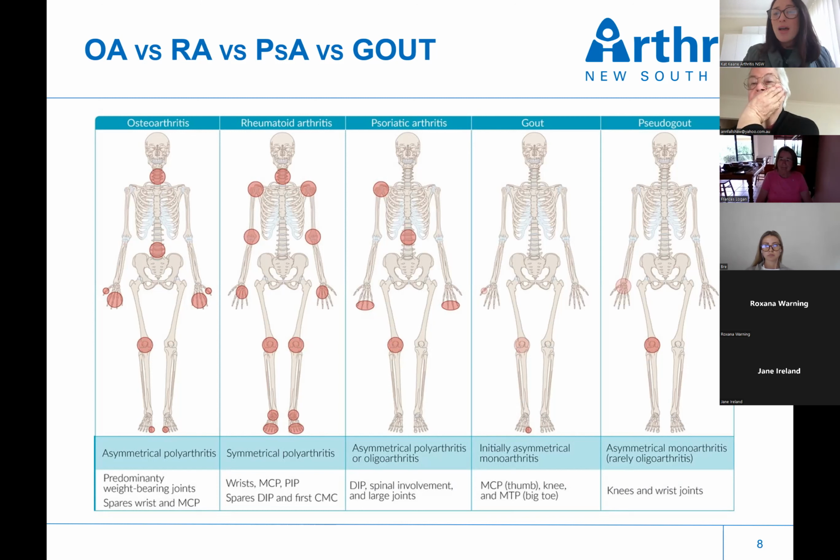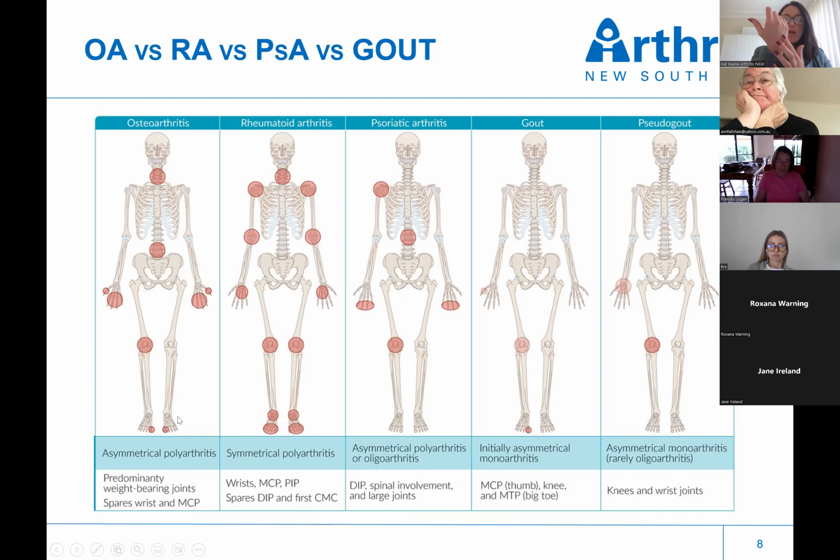For example, there's no ankylosing spondylitis in here. But generally speaking, osteoarthritis, as you can see here, can affect in that asymmetrical characteristic, one knee, for example, or one hip, and they're often weight-bearing joints.